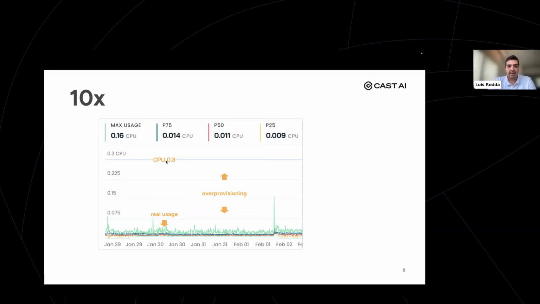We can see the blue line below with the request, and above in the green line, the real usage of the application. Look at the difference, right? The real usage is just about 0.01. The gap that we can see here, that's what we call over provisioning. That's actually the waste, right? What you paid for and don't actually use.